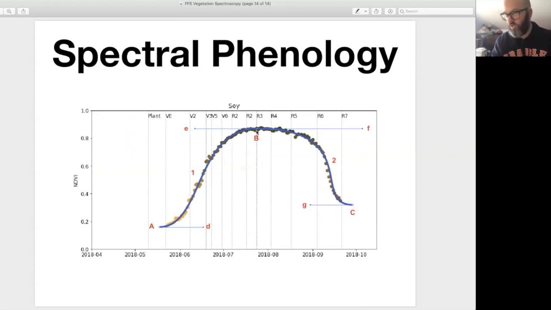It's growing here and then it's declining over here. And as it's declining, there's still a lot of biomass in the form of leaves. They're just translocating all of the chlorophyll as nitrogen into grain protein. This happens to be a soy crop.